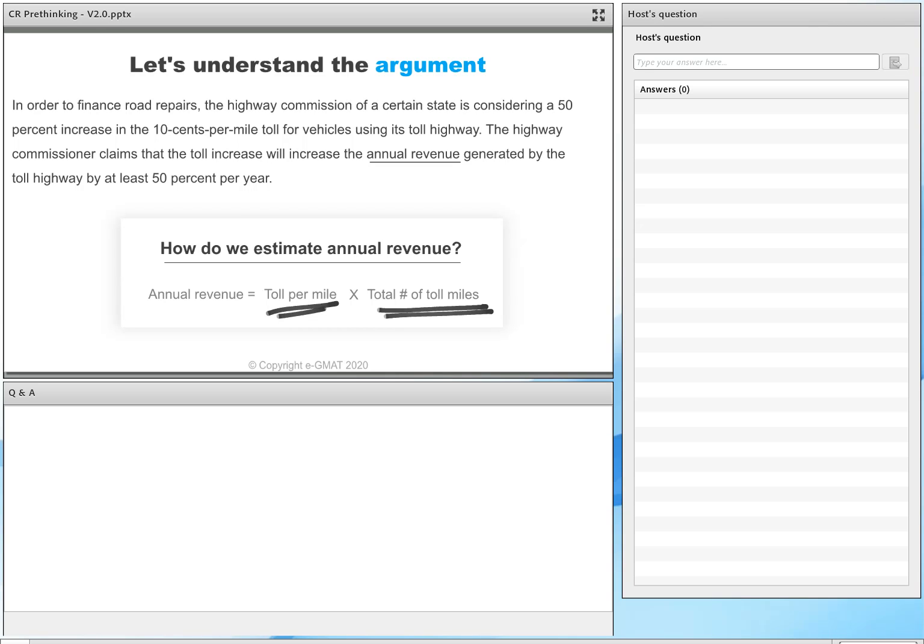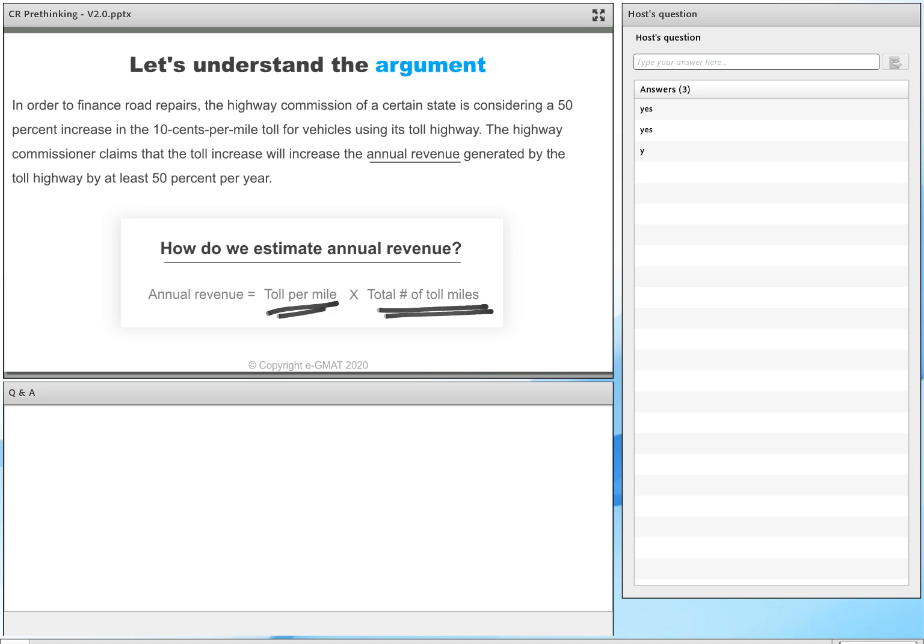Can everyone see that? Those who are saying profit minus cost, again, look at the context. In this case, annual revenue is toll per mile multiplied by total number of toll miles. Now what's given to us? The toll per mile is going to go up by at least 50%. That's the proposal.